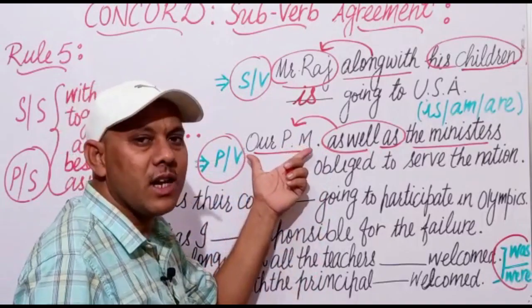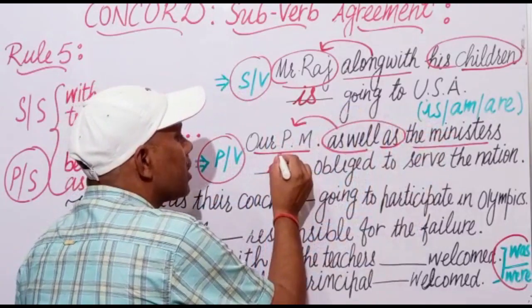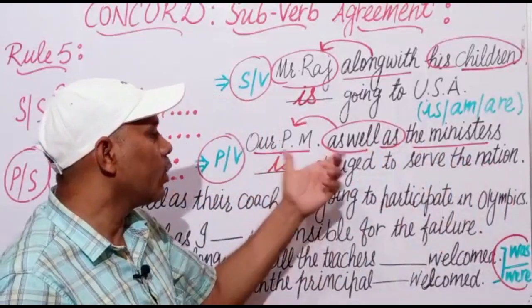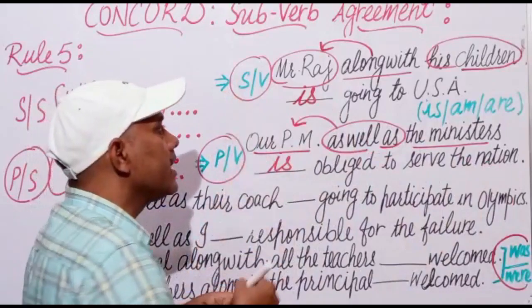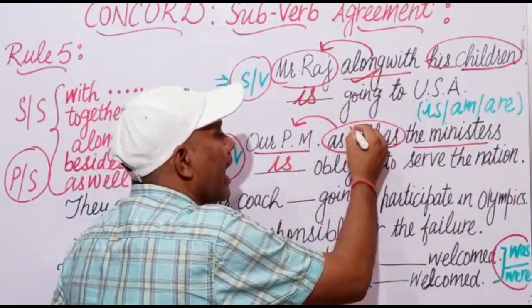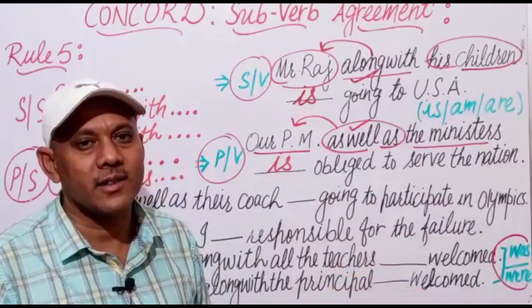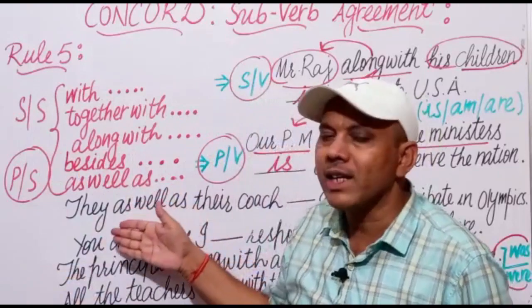Our Prime Minister as well as the ministers is obliged to serve the nation. In this way, we shall use the verb agreeing with the subject preceded by along with, as well as, together with, etc.